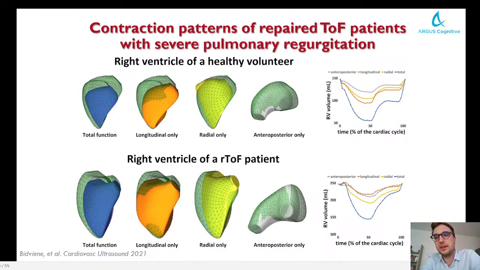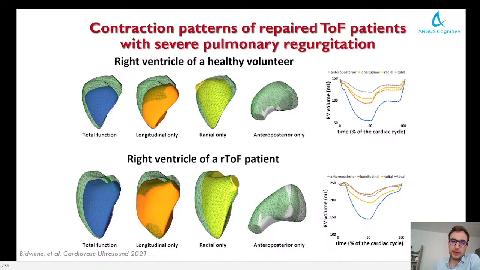So we had a previous study, a previous collaboration with Padua, Italy, in which we were examining patients with repaired tetralogy of Fallot who had severe pulmonary regurgitation. As we all know, it's not uncommon in patients after the repair of the underlying congenital disease. What we have found here is that the global ejection fraction of these patients was also impaired.